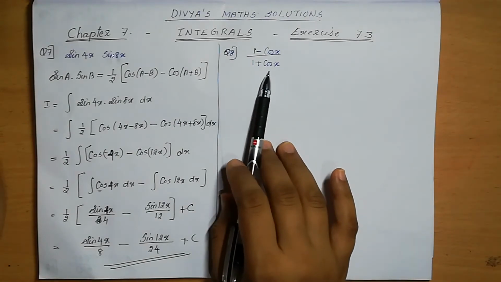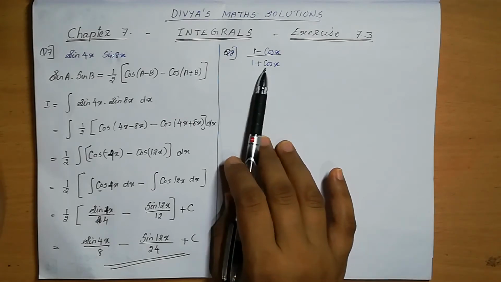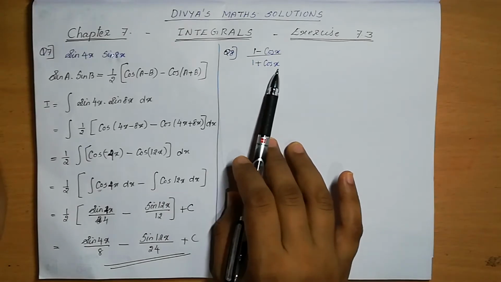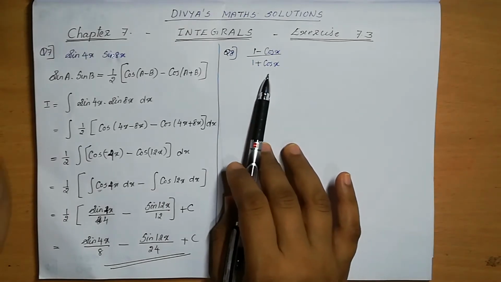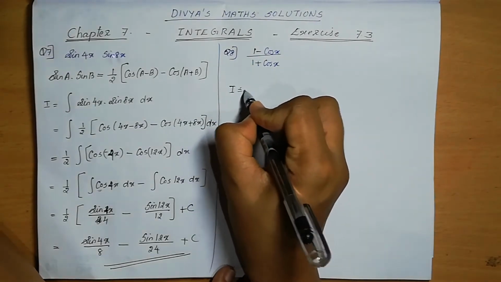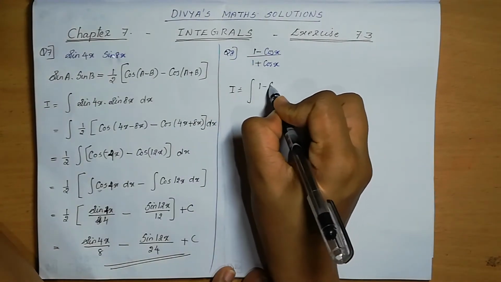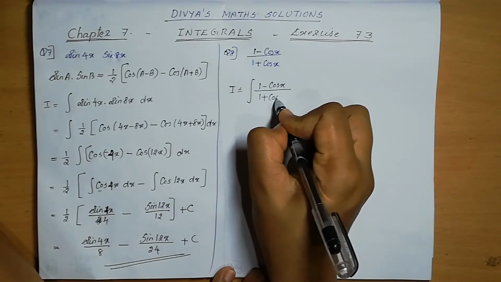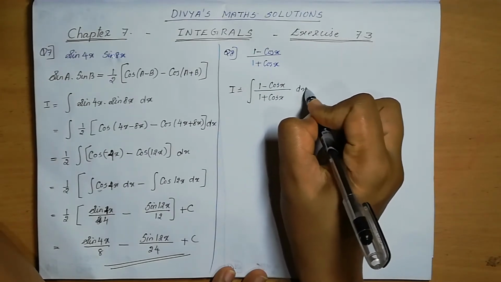So for 1 minus cos x and 1 plus cos x we can apply the formula. 1 minus cos x means what? 2 sin square x by 2, right? And 1 plus cos x is 2 cos square x by 2. So this integral we can write as I equals integral 1 minus cos x by 1 plus cos x dx.